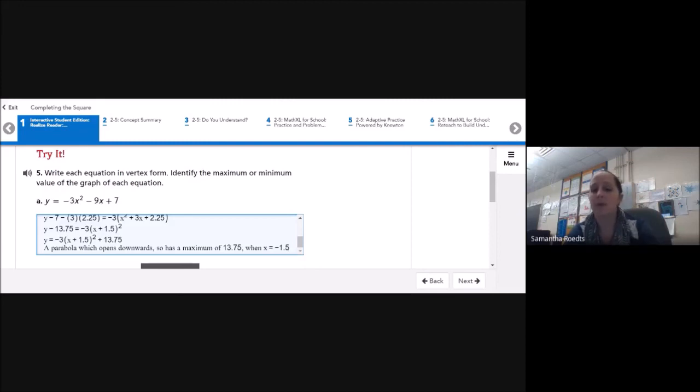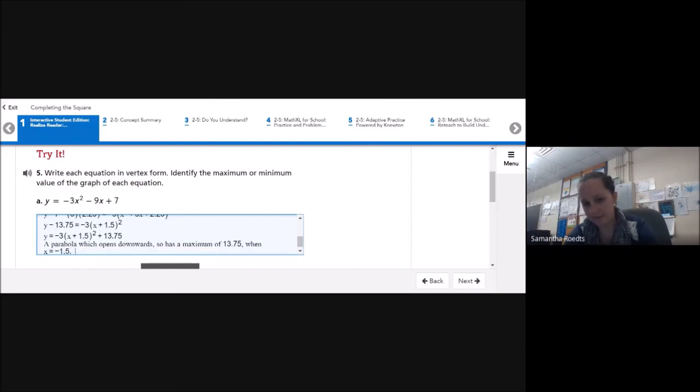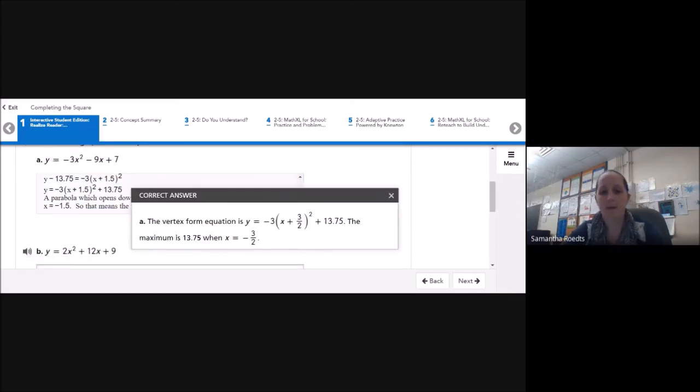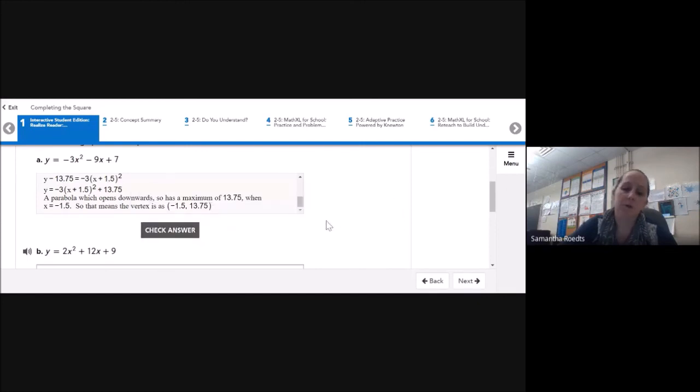So this was a plus, so we needed to flip it. So when x equals negative 1.5, that means the vertex is at negative 1.5, 13.75. So here's my equation. Maximum is 13.75 when x equals negative 3/2, or negative 1.5.